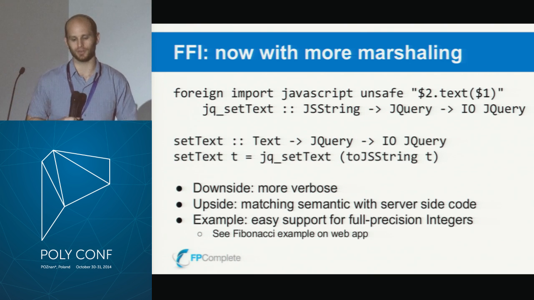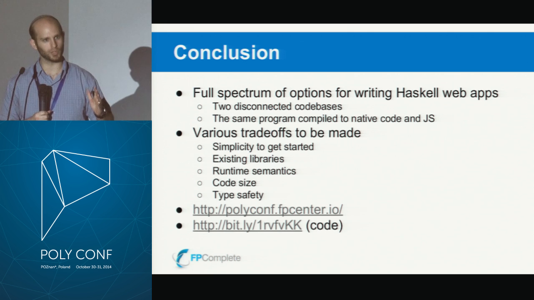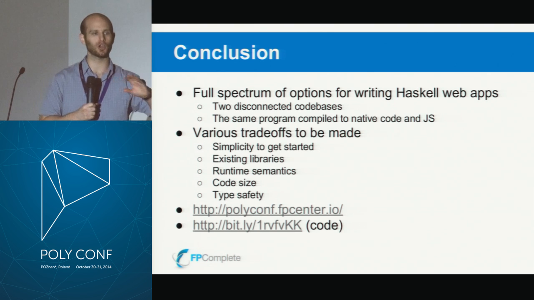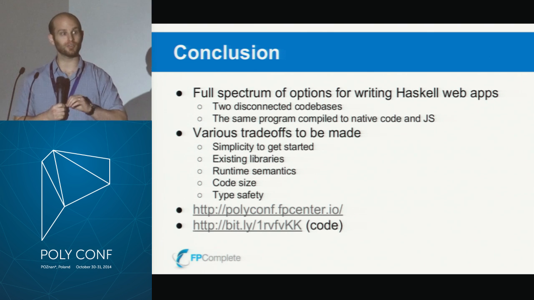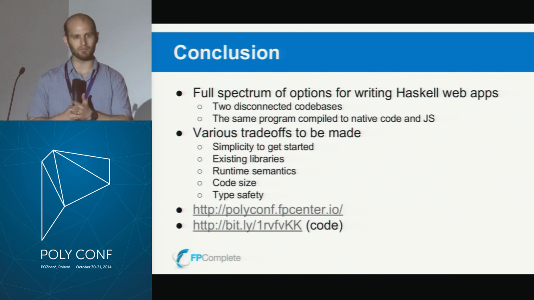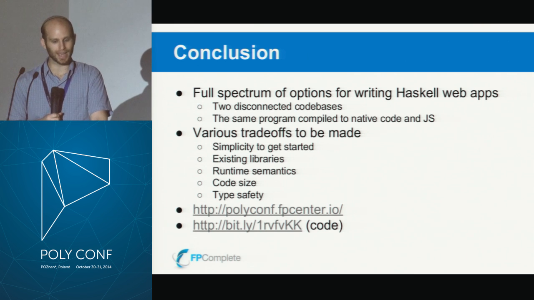So, in conclusion, you have a full spectrum of what you're able to do when you write web applications in Haskell. Anything from writing everything completely in JavaScript without ever going through Haskell, to you never wrote a line of JavaScript and everything you ever did was in Haskell. You can pick many, many points on that spectrum wherever you want to go. What's going to guide that decision is all the different trade-offs that we talked about.